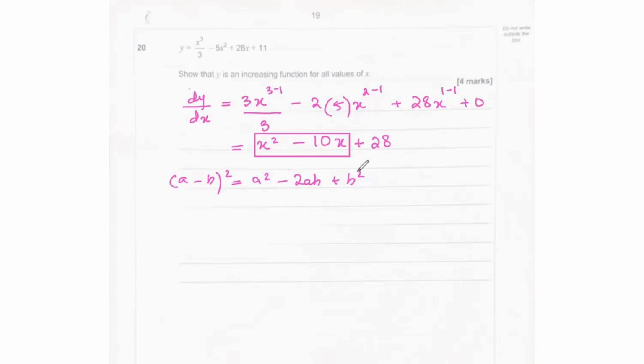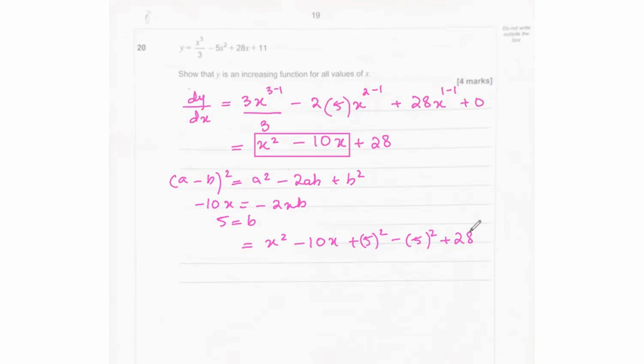So to complete this square, we need to find our b squared value. So we can put the negative 10x equal to negative 2xb, and that gives 5 as our b value. So it's going to be x squared minus 10x plus 5 squared, but minus 5 squared as well, because 5 squared is a new term that we're adding in the equation. So if we're adding something new, we're supposed to subtract it as well.